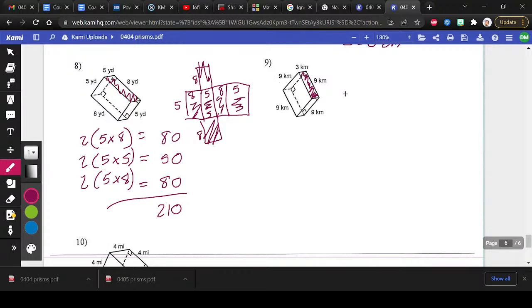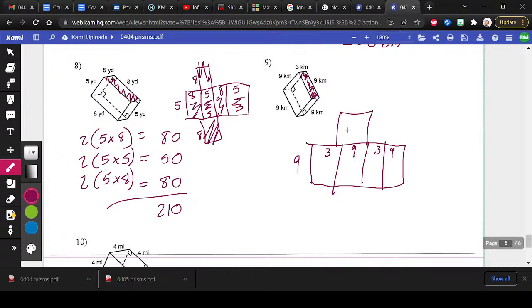Yep. All right. So the next one, 3 by 9, and so then it has a height of 9. So height of 9, 3 by 9 by 3 by 9. And then this is going to be a 9 by 3. Down here's a 9 by 3. And so we're looking at 2 times 9 times 3, which is 54. And then 2 times 9 times 9, which is 162.